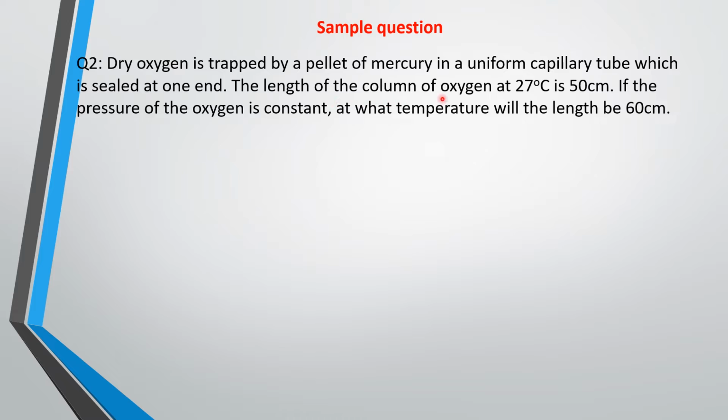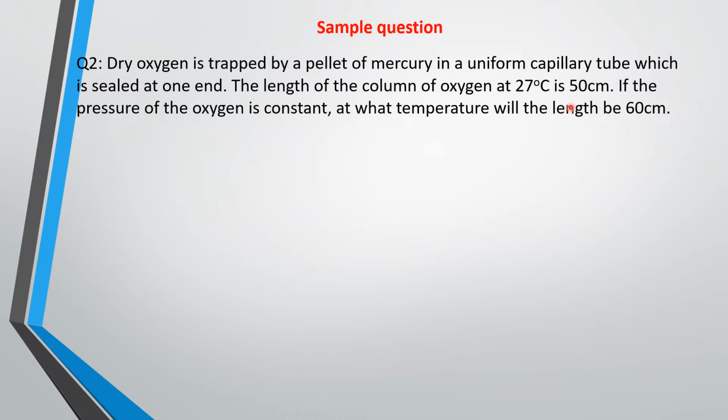The length of the column of oxygen at 27 degrees centigrade is 50 centimeter. If the pressure of the oxygen is constant, at what temperature will the length be 60 centimeters?